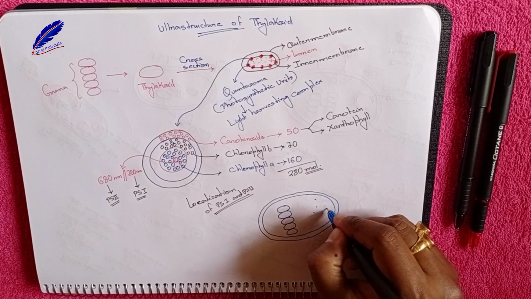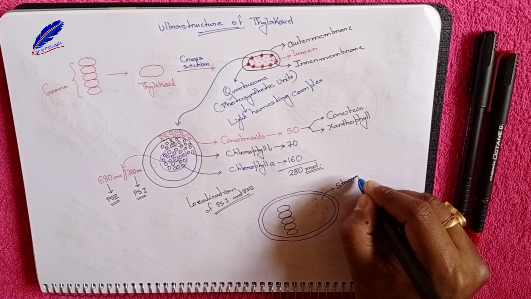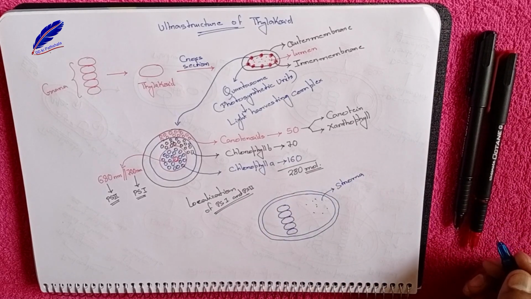And the lumen of the chloroplast is called the stroma, where the dark reaction of photosynthesis takes place.